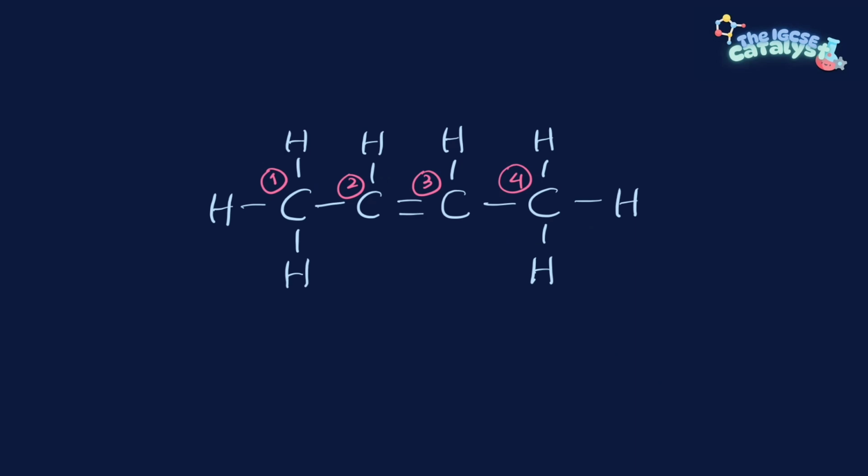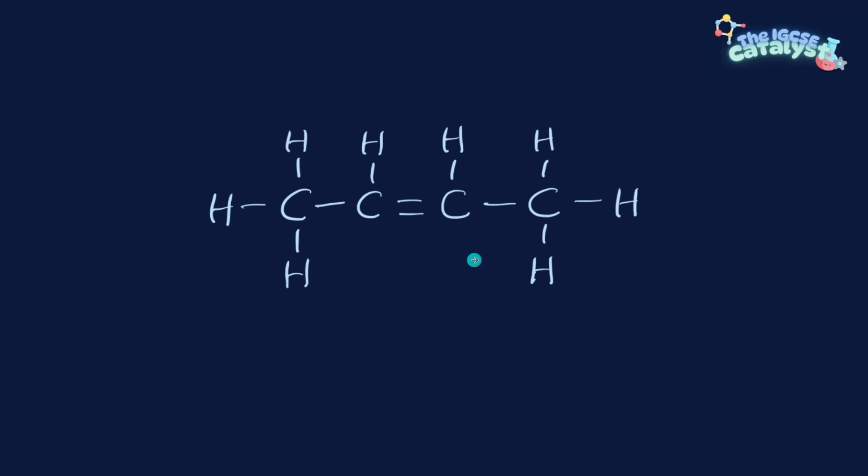The next step will be to number the carbon atoms so that the double bond gets the lowest possible number. Here, we will number from left to right, like this. The double bond is on carbon number 2. And if we number the chain from right to left, the double bond is still on carbon number 2.